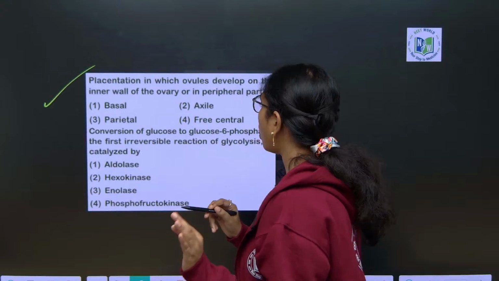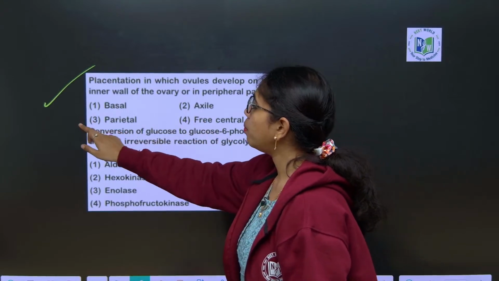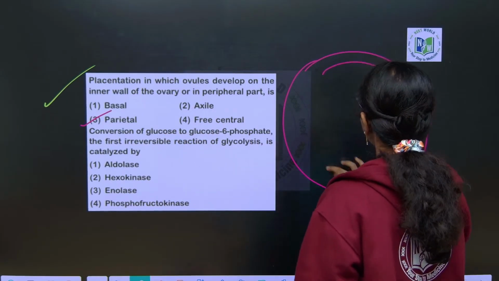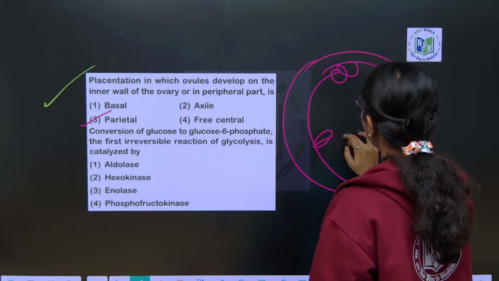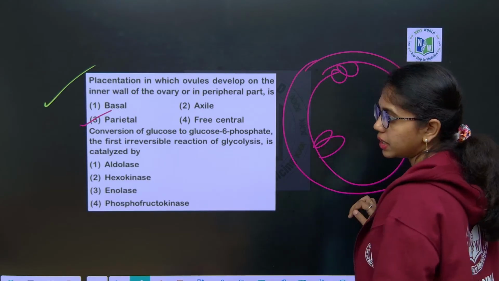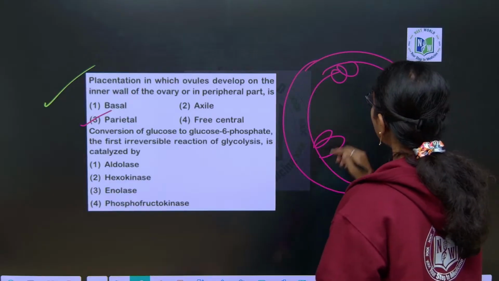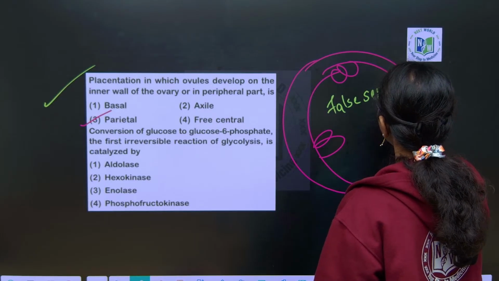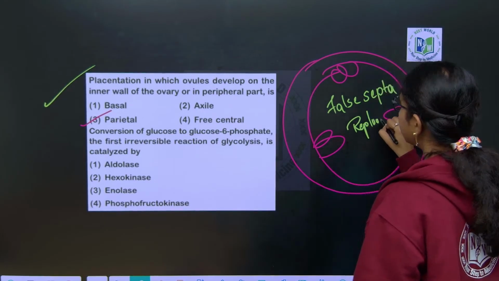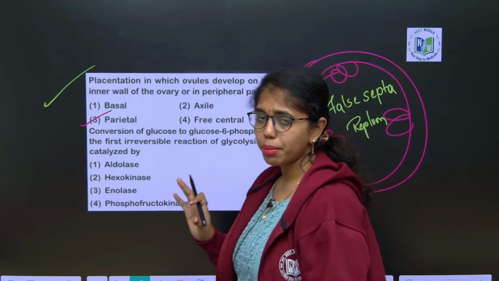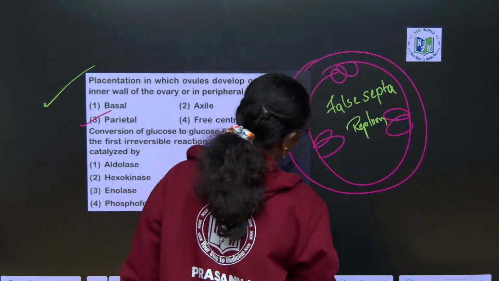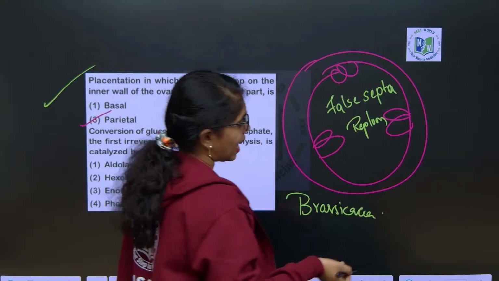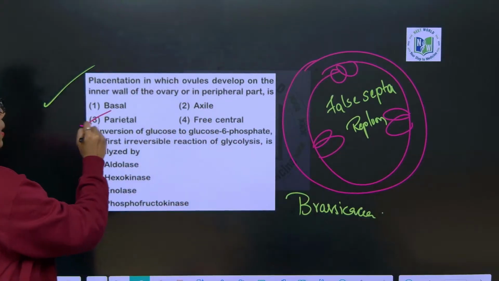Ovules developing from the inner wall of the ovary, that is parietal placentation, which leads to a false septa or replum formation. This is seen in parietal placentation. Best example for parietal placentation is the family Brassicaceae. Mustard, brassica, these are the examples of parietal placentation.